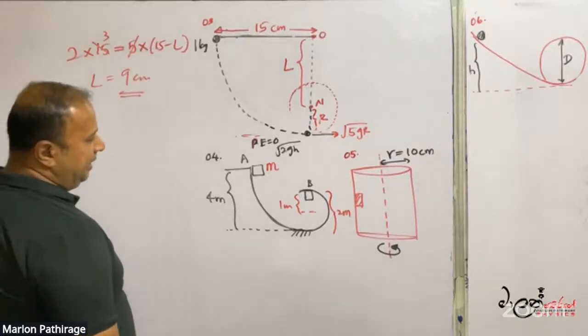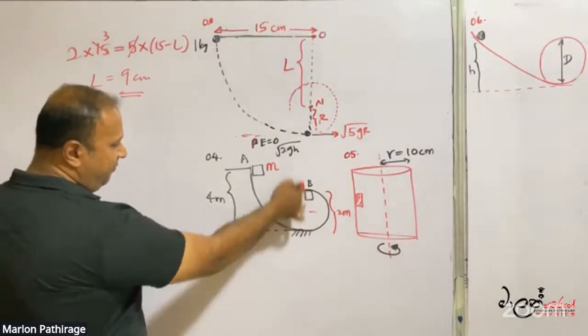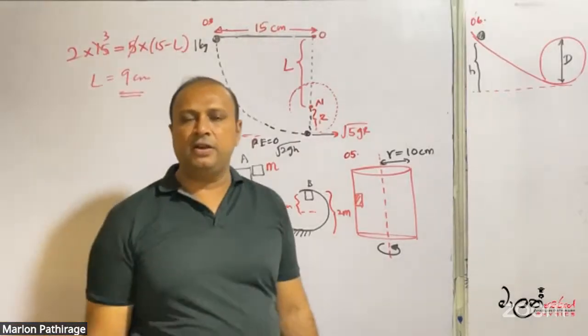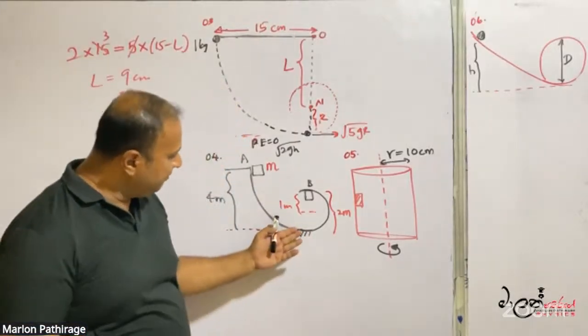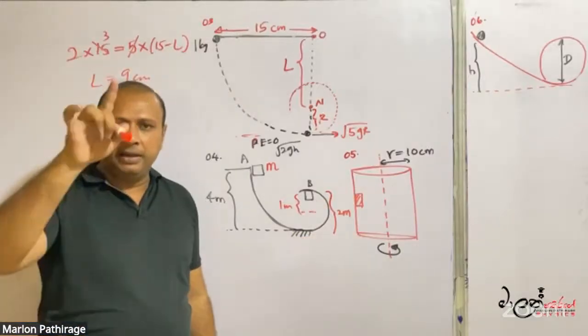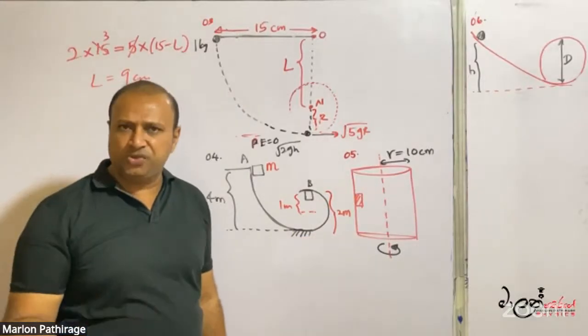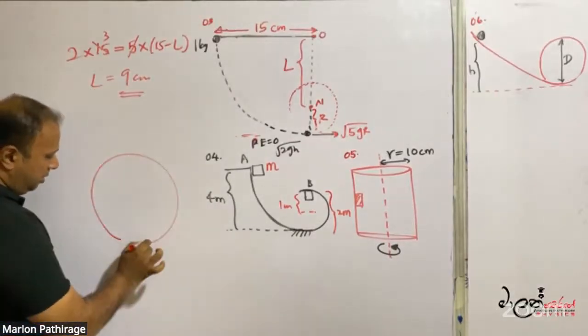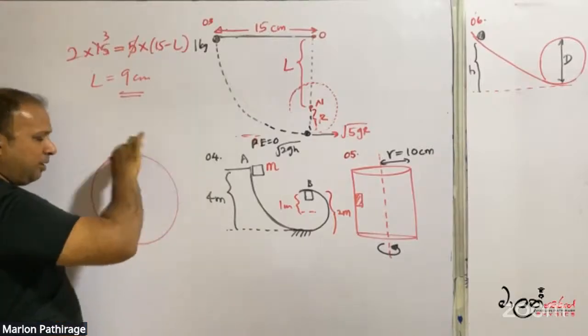Okay, then you know what is the value of this reaction force. Actually, now you can treat this as an object attached to a string. Suppose this is a hollow sphere.